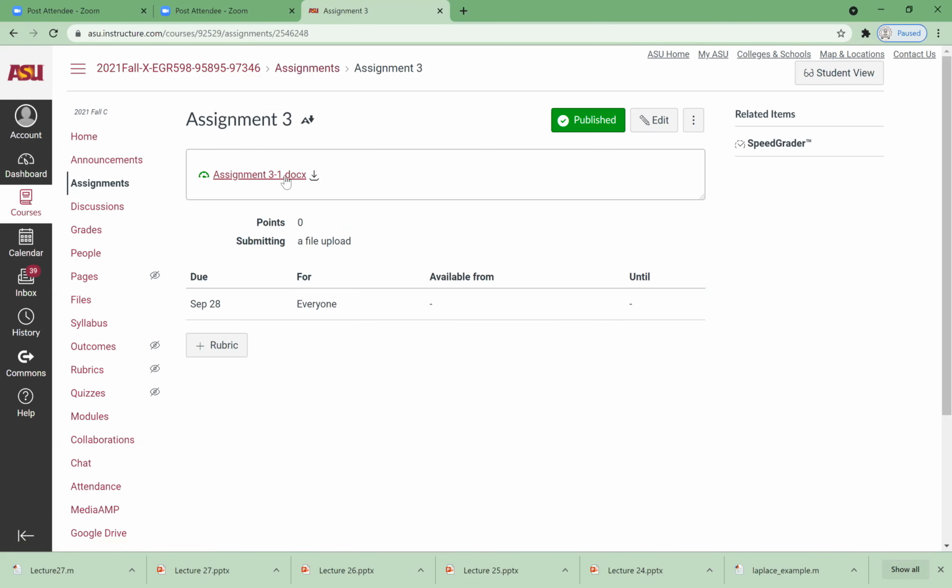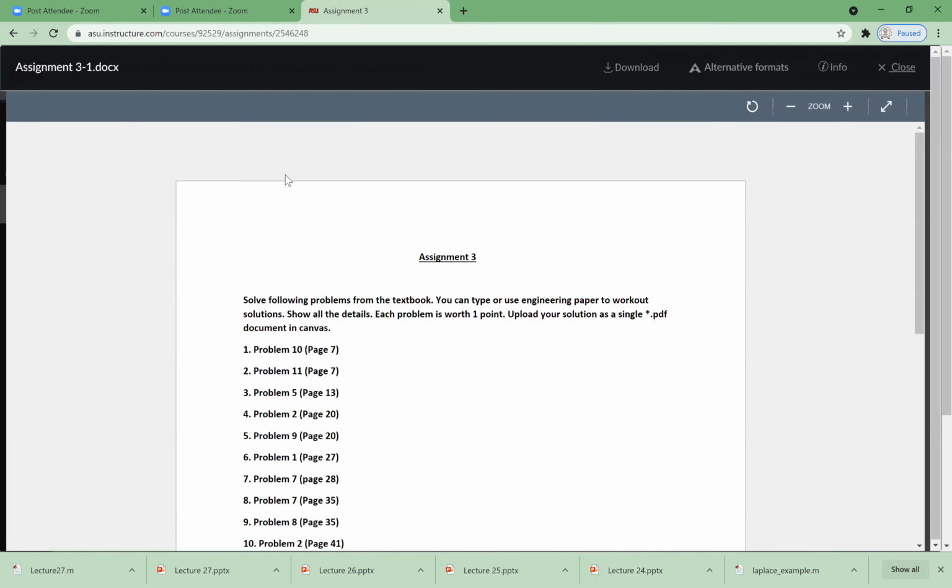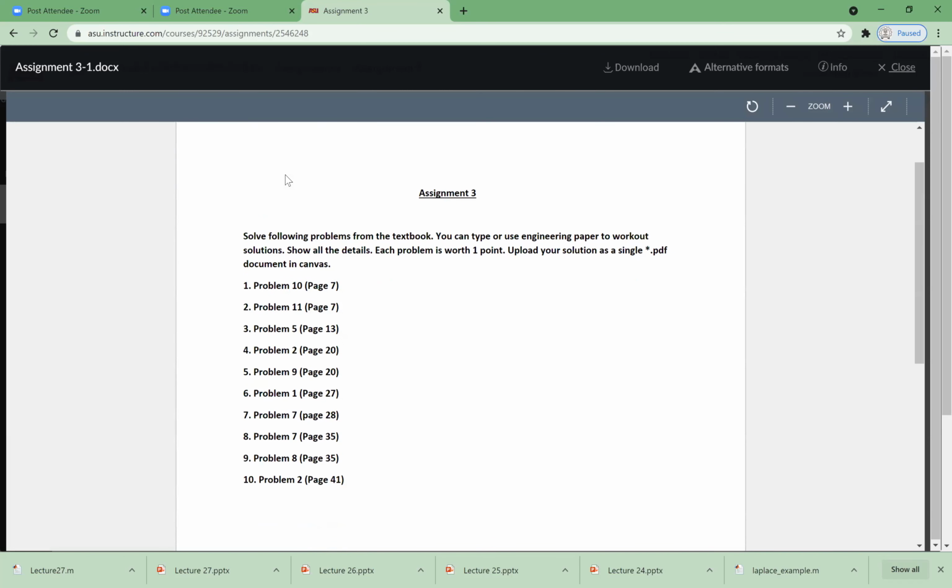However, as soon as the third assignment starts, by third assignment, we would have finished a significant chunk of the material from the first part, which is the basics of linear algebra. And these are the problems from the end of the book. So if you go to the textbook, these are the problems. Problem 10 from page 7, problem 11 from page 7, problem 5, page 13.